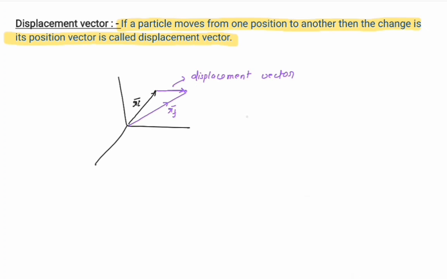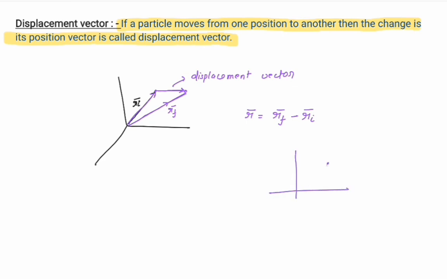How to find a displacement vector? The displacement vector will be given by the final position vector minus the initial position vector of the point for which we have made a movement. Let's see again. Suppose there was a point at this location, and this is its position vector. Now we have moved this point to a new location, then this RF is going to be the position vector of that point, because we know what we mean by position vector.